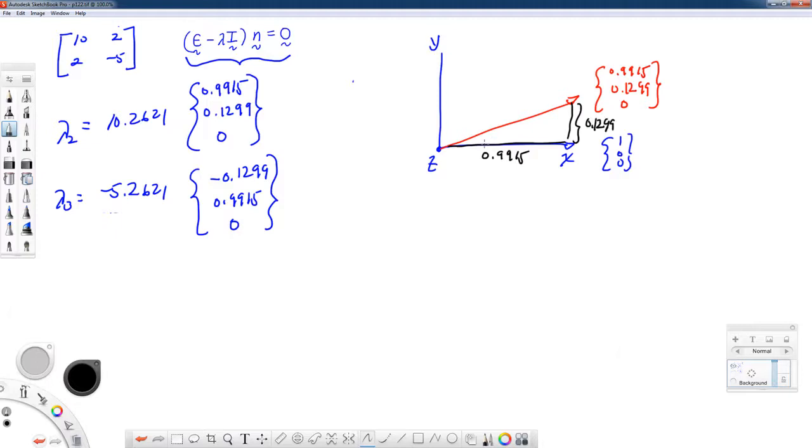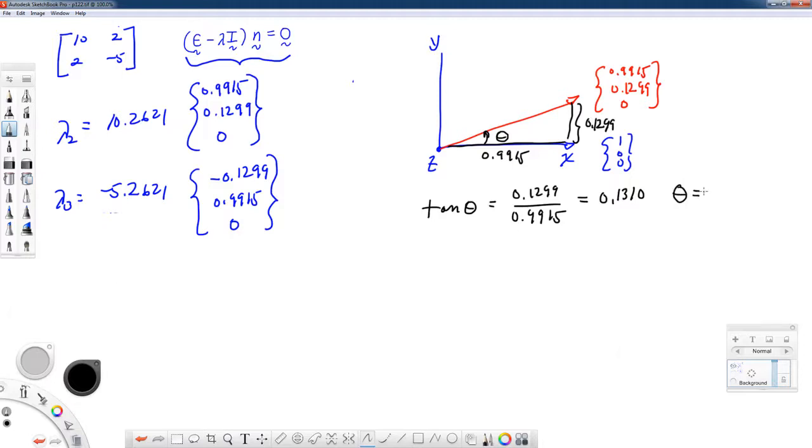That means I can find the angle from the x-axis at which this new direction is pointing. So I can say that the tangent of theta is equal to the opposite over the adjacent, and I'm expecting it to be a pretty small angle. If I compute that number, it's 0.1310.